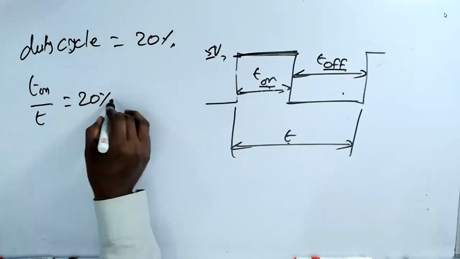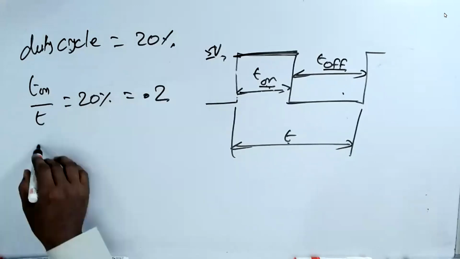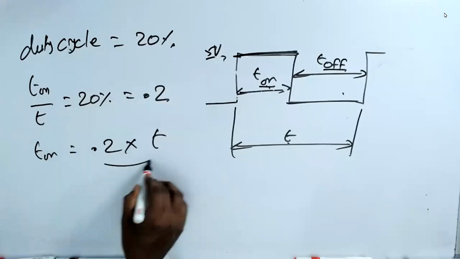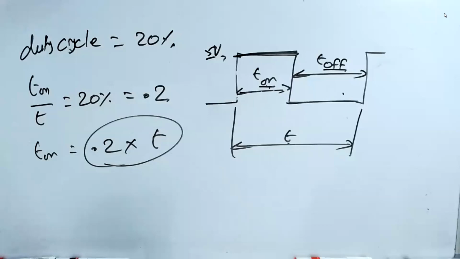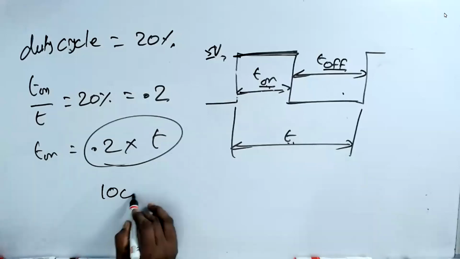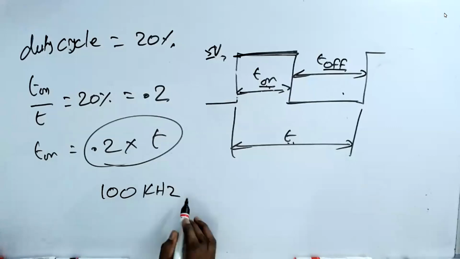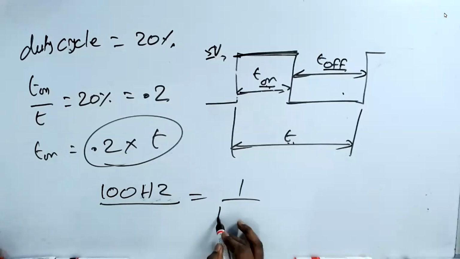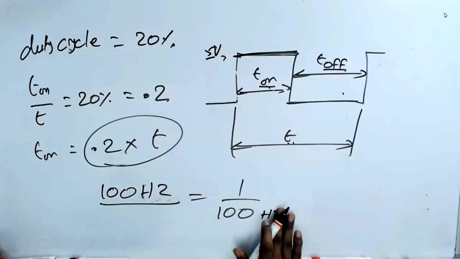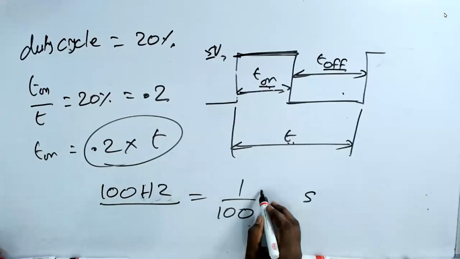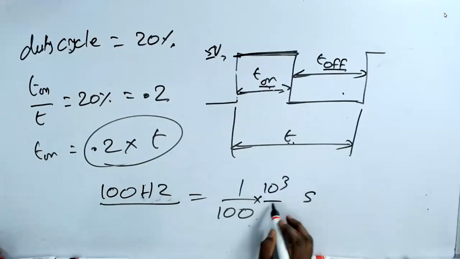So T on is equal to 0.2 into T. That is the calculation. Now you have to find T. I said 100 hertz. 100 hertz means T is equal to 1 by 100, which we already did, and the hertz becomes second. Now 1 by 100, I multiply by 10 power 3 by 10 power 3. This 10 power 3 becomes 1000.